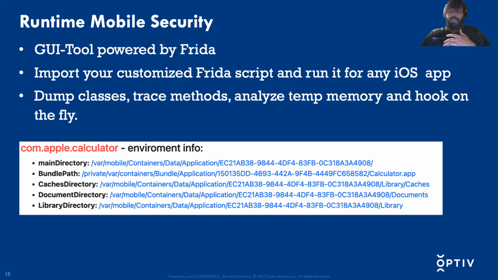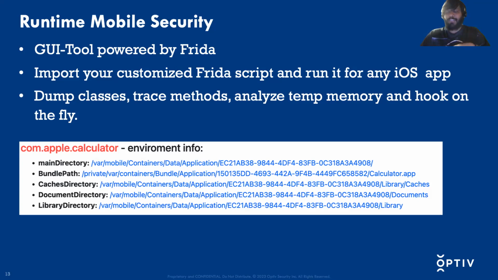All you need to do is download Runtime Mobile Security, and you can just start it in a browser. Usually, Runtime Mobile Security starts on port 5000. There is a simple npm package that has Runtime Mobile Security. You can install that, and then you can run it in the browser.